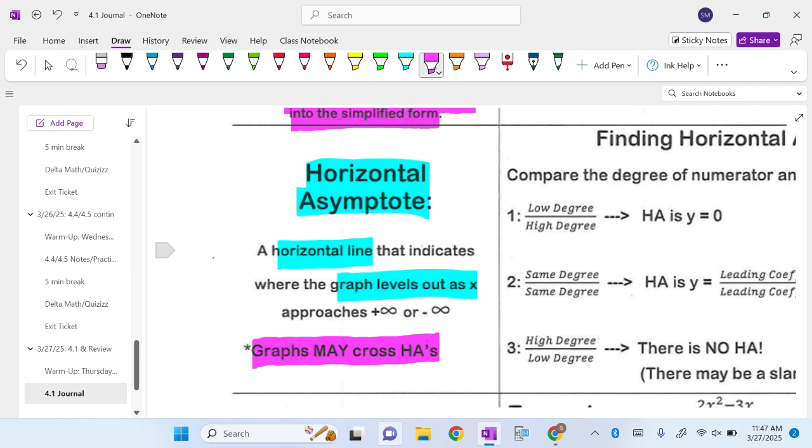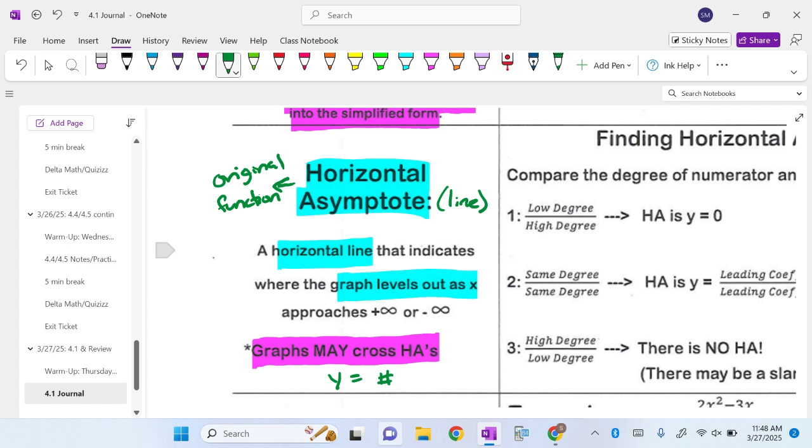Now, the horizontal asymptote comes from the original function. It is written as a line. And we always write it as y equals some number.